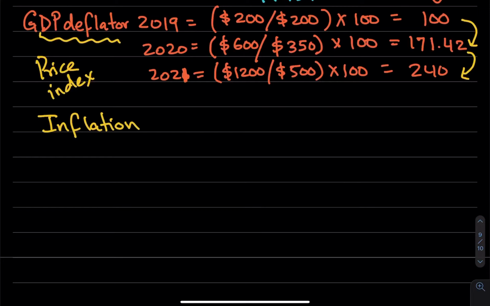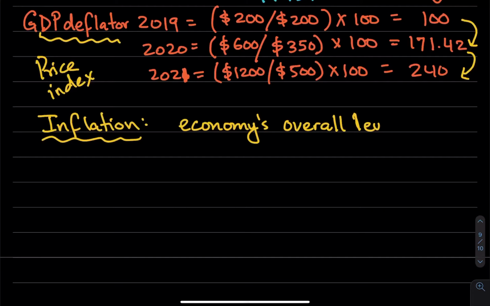And inflation, like you all know, is a term that describes a situation in which the economy's overall price level is rising. We'll get to much more on inflation in later chapters, but right now our goal is to compute the inflation rate.